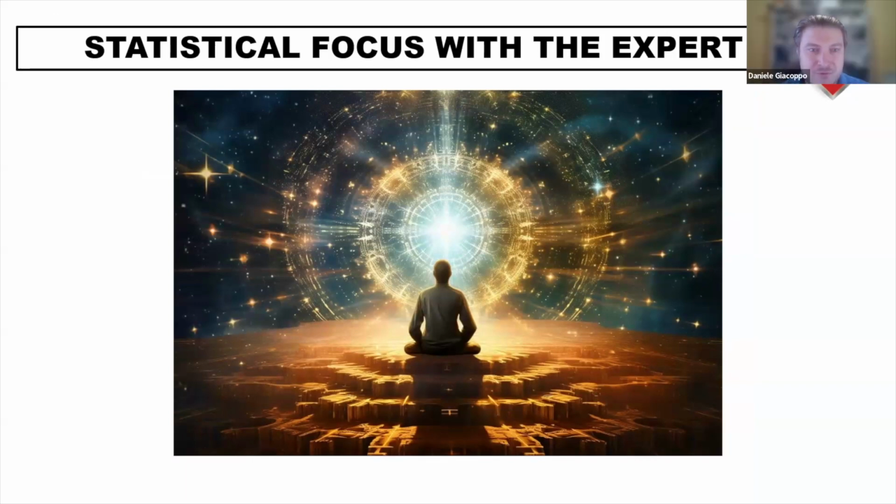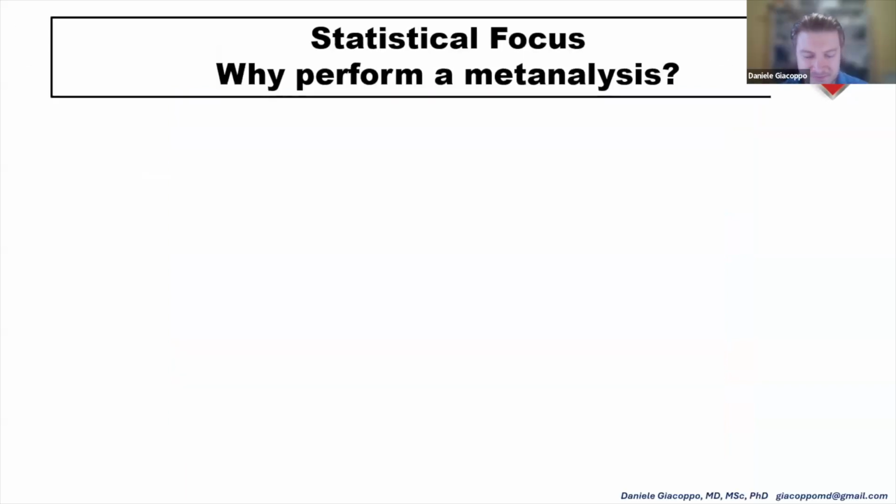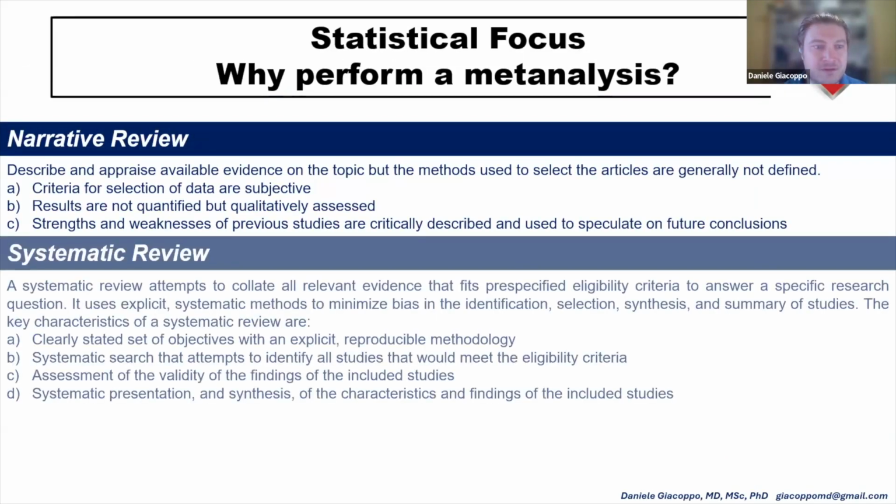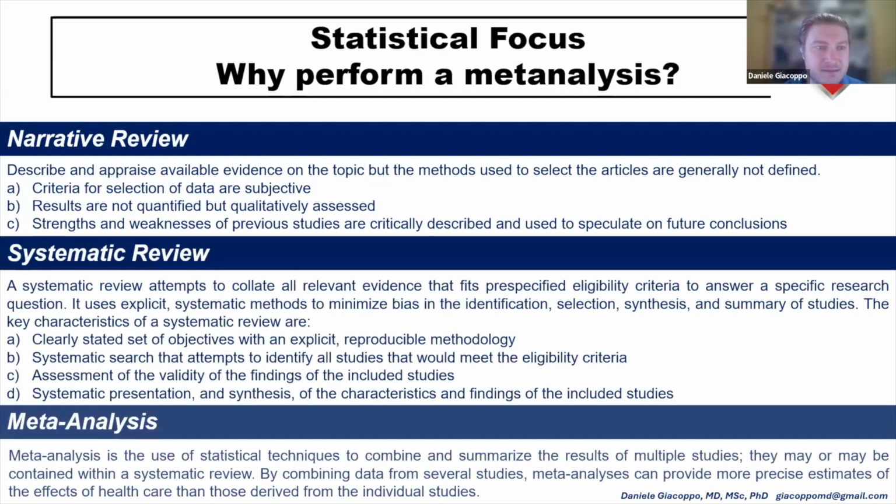So I'm trying to summarize some pills for our friends and colleagues online. I just want to briefly explain what is the difference between narrative review, systematic review, and the meta-analysis.